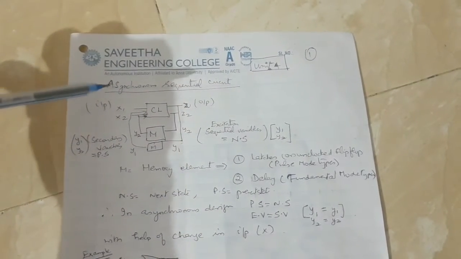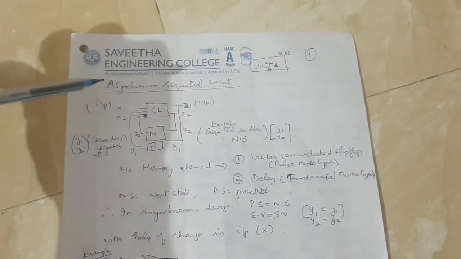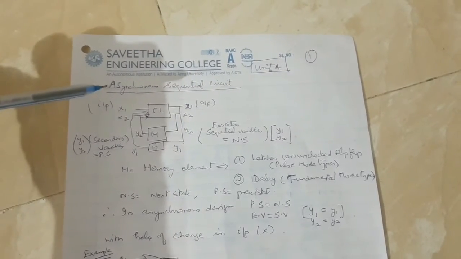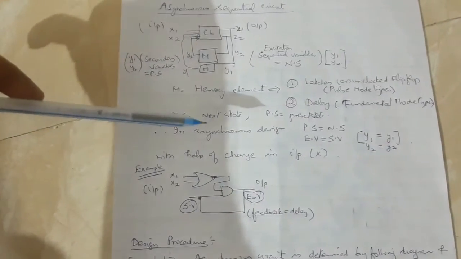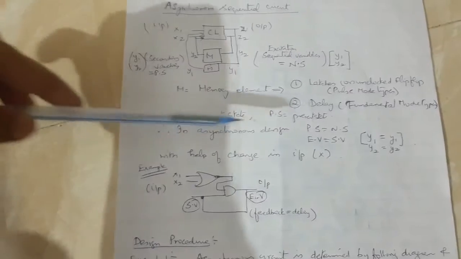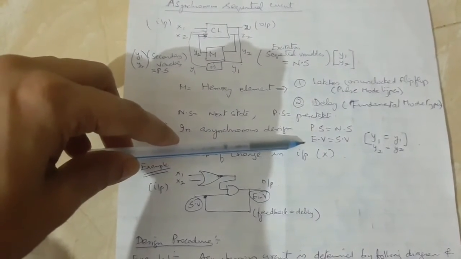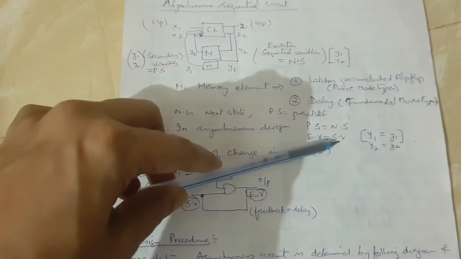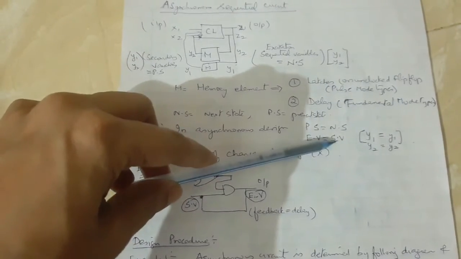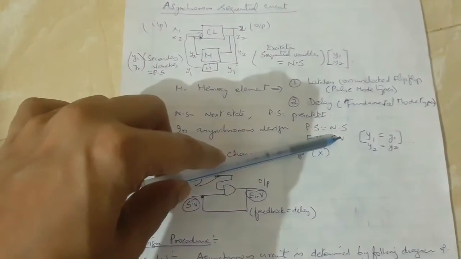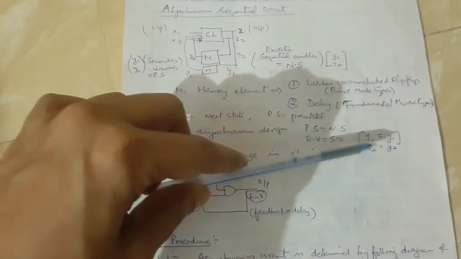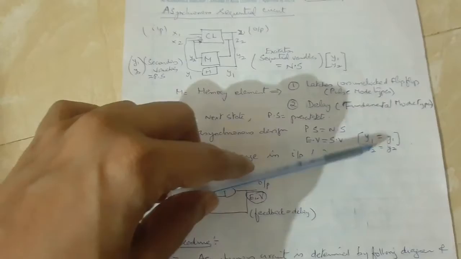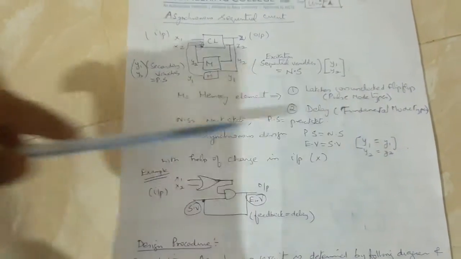To design an asynchronous sequential circuit, we need to satisfy one condition, and only then will you produce an output. In asynchronous design, the excitation variables must equal the secondary variables, or in other words, present state is equal to next state. Therefore capital Y1, Y2 will be equivalent to small y1 and y2.